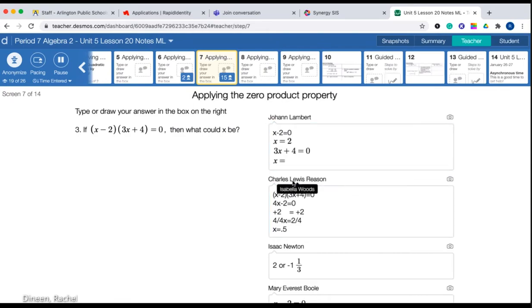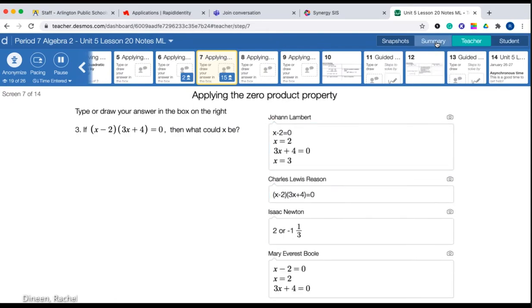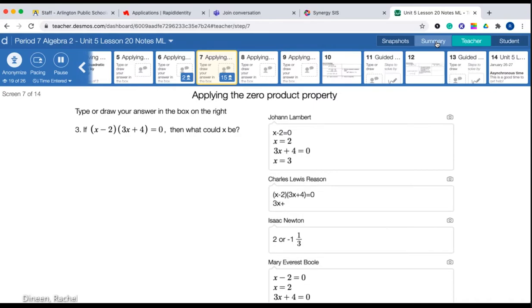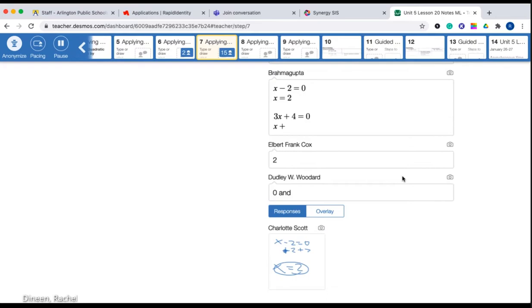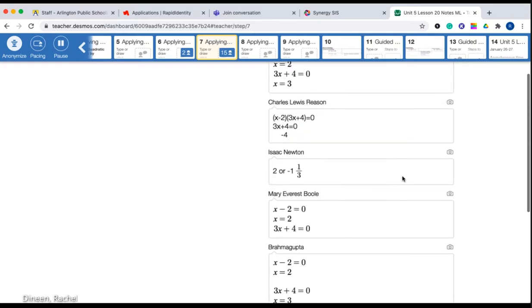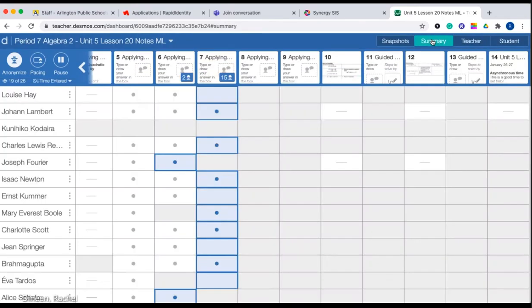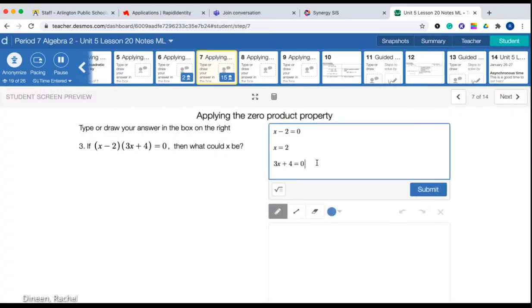Is it 1.3? Yeah, it is 1.3. What is that as a fraction? Because we want to give exact values, and 1.3 is rounded.